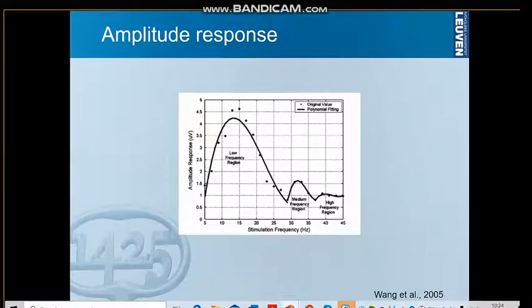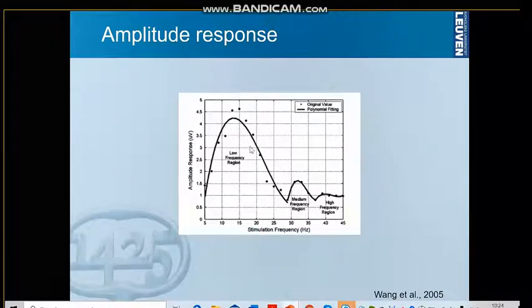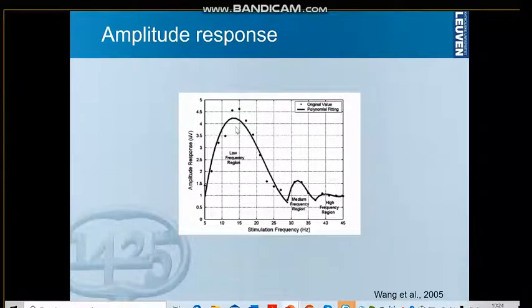Let's look first at the amplitude. So these are the frequency stimulation. Then the amplitude of your response looks a bit like that. So it increases a bit, but then it's sort of a 1/f function. The amplitude goes down as a function of stimulation frequency, and indeed the limitation is stretching here.